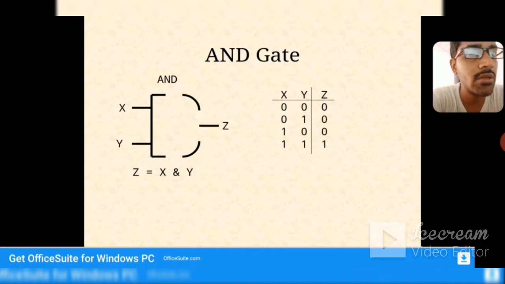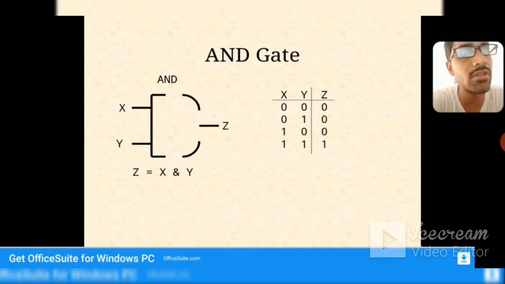As we know, the inputs take binary signals which have two states, either 0 or 1. So 4 combinations can be derived from the inputs, that is both X and Y are 0, or both X and Y are 1, or either the first is 0 or the second is 0.